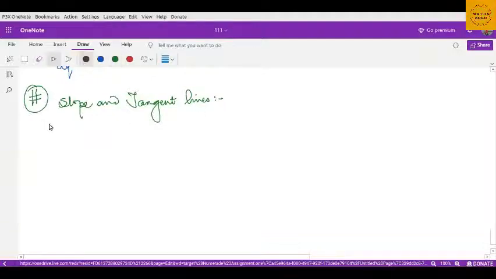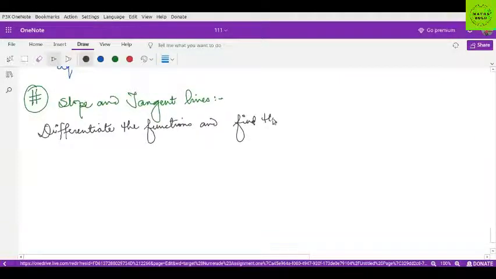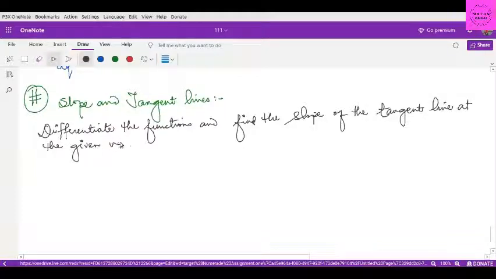So here the statement says: differentiate the functions and find the slope of the tangent line at the given value of the independent variables.